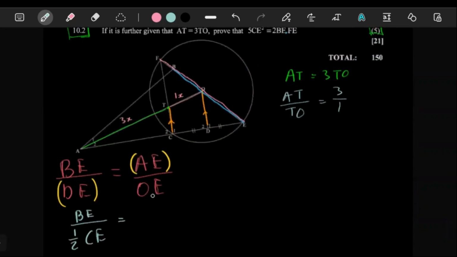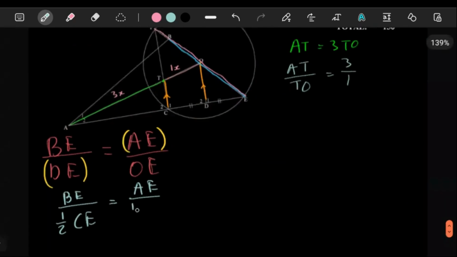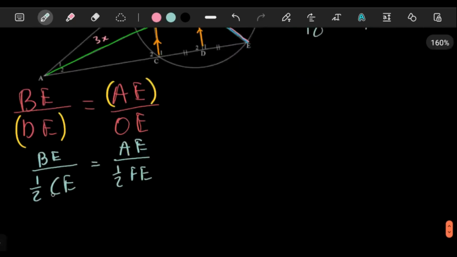For AE, we don't have anything concrete, so let's just leave it as AE for now. However, for OE, do you see that OE is just half of FE? So let's put there half FE, you see. Don't worry about how we have a fraction as the coefficient here. It's still just normal, purely just normal.